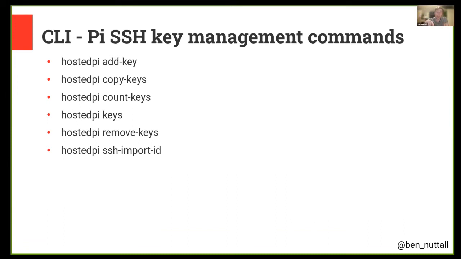So in the same vein, hostedpi ssh-import-id github Ben Nuttall will download my public keys from GitHub and enable all the computers that I can push to GitHub from to access this server.